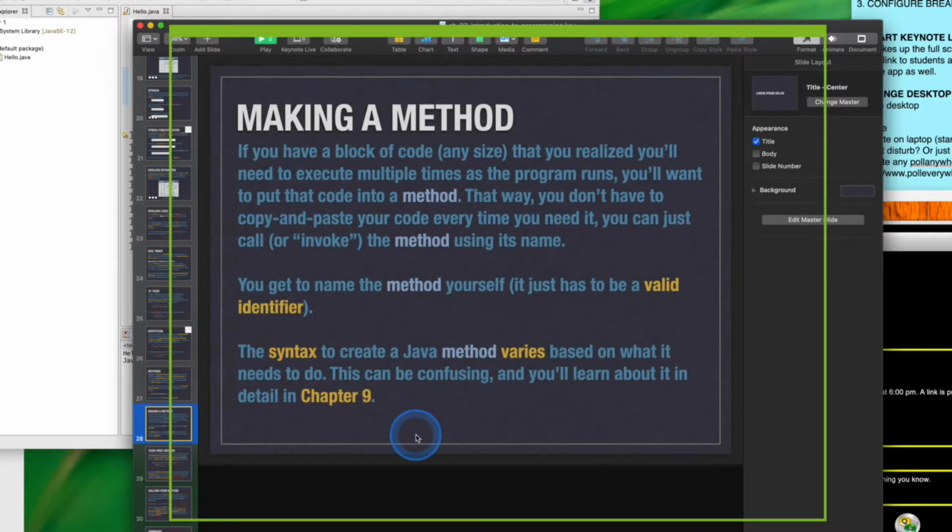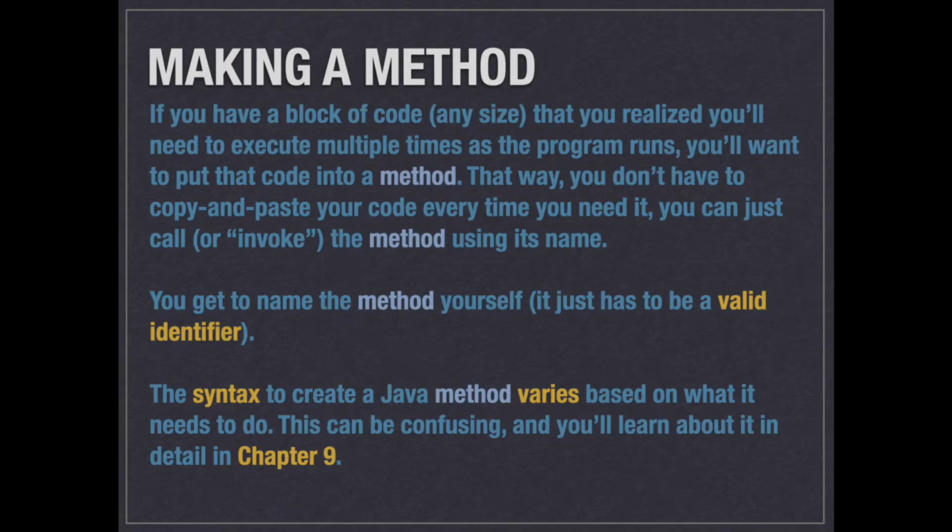The other thing is you can make your own methods. That's to some extent the power of most programming languages, is to take code that you've written and tested and works, and that you know you'll need to use multiple times during the running of a program, and to move it into a named method that you can call or invoke anytime you want to run that code.